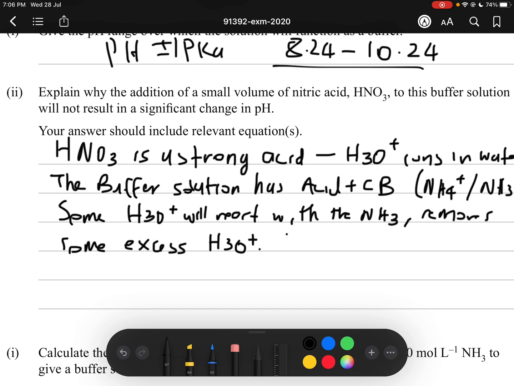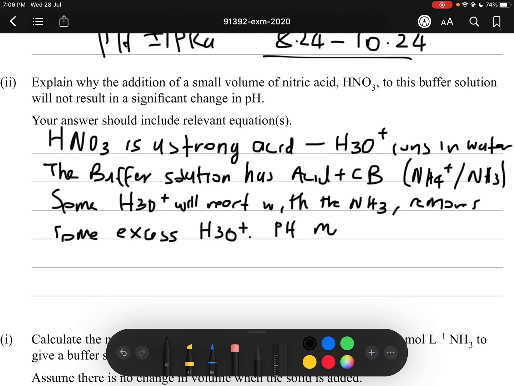And since pH is a measure of relative concentration of hydronium, therefore, the pH is not going to change drastically.